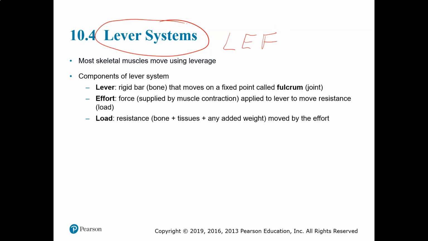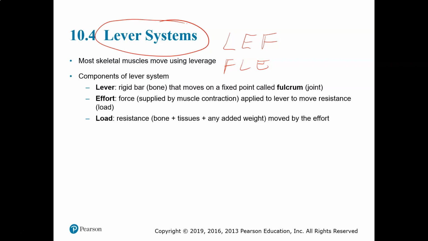So that would be lever, effort, fulcrum, or you can have one where it's F, L, E: the fulcrum, the lever, and the effort. So we're going to learn patterns of levers like that. So every time we talk about a different muscle or group of muscles, we will learn what type of lever system it is.